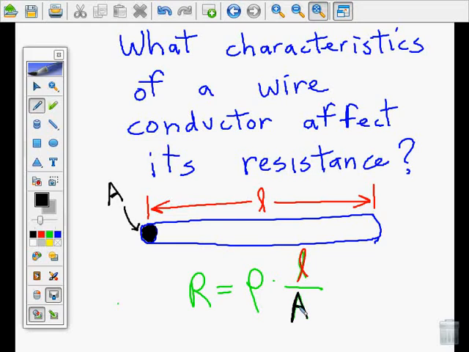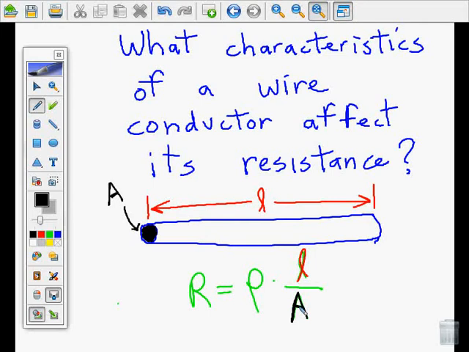So L is for the length of the wire, A is for the cross-sectional area, and rho represents the material. It's like a coefficient. Rho is like a material number, and every metal has its own rho value.